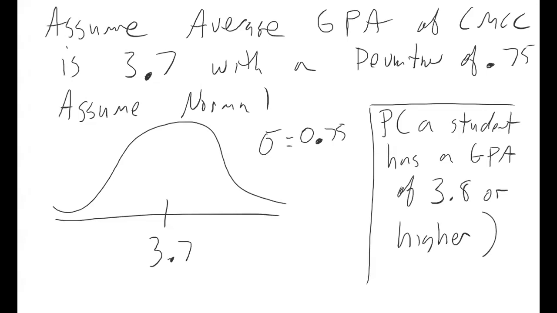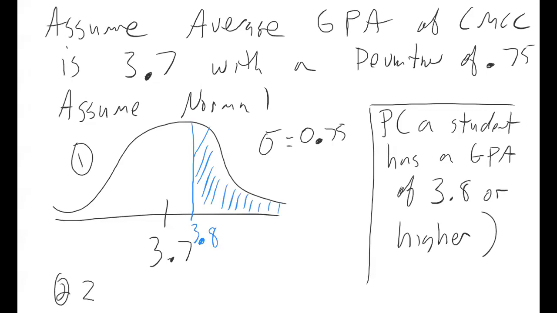So I draw my picture. There's my 3.8, or higher. There's step 1. Then step 2, find my z-score.